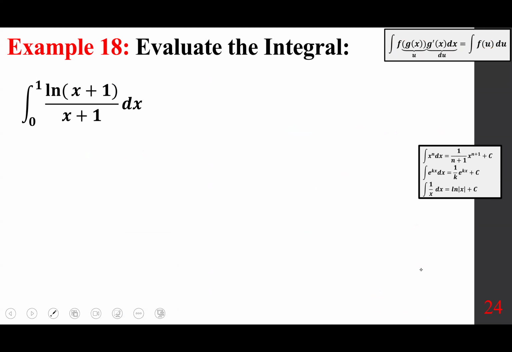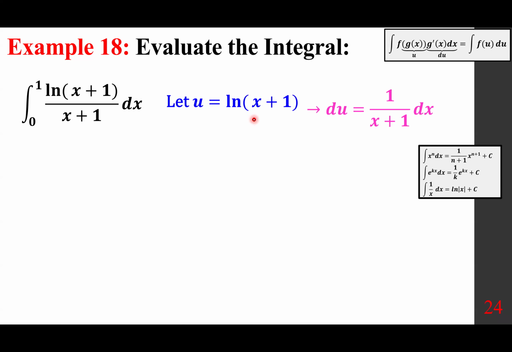Again, what happens when ln x is involved? That is the choice of u. As you know, the derivative is 1 over x plus 1 times 1, which makes du 1 over x plus 1 dx.